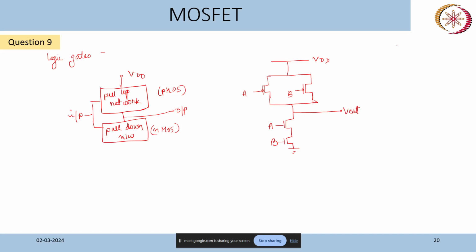So let's look at the truth table here. A, B, and V out: 0 0, 0 1, 1 0, 1 1.